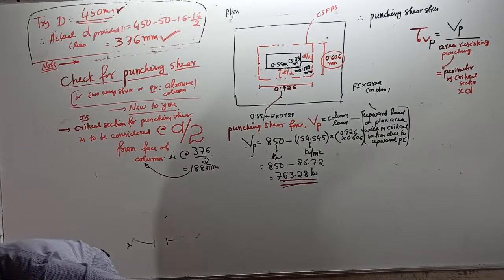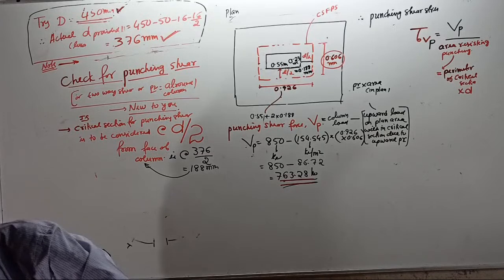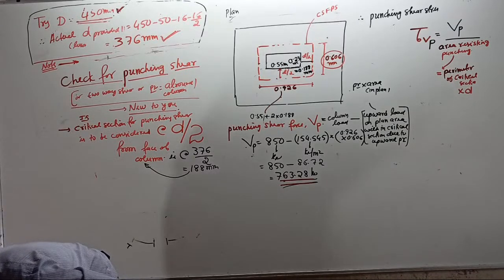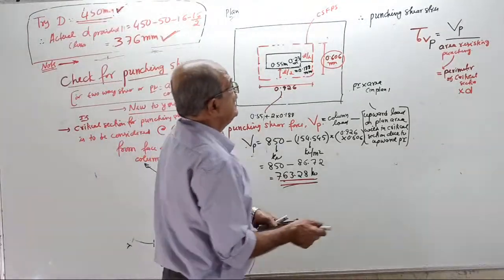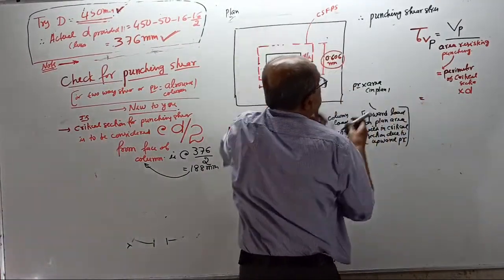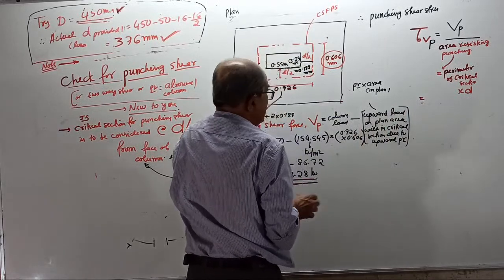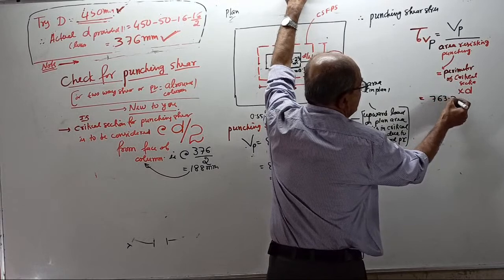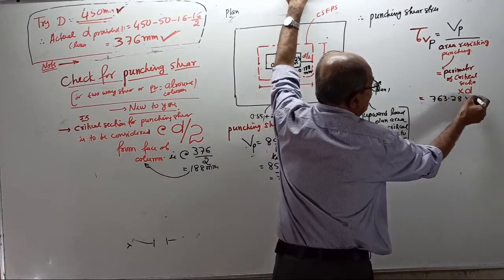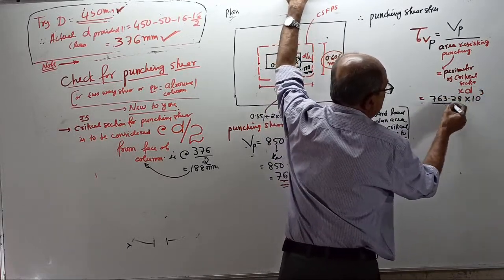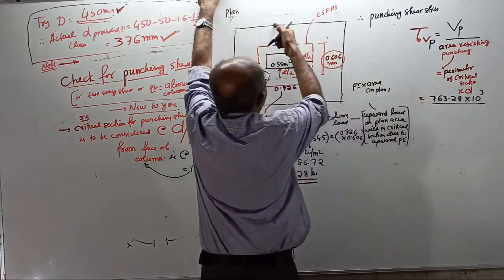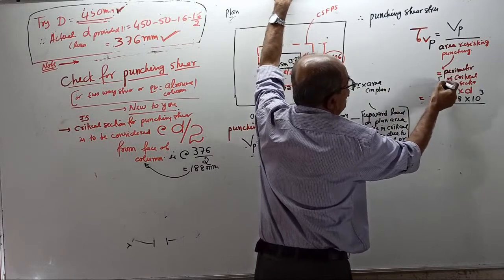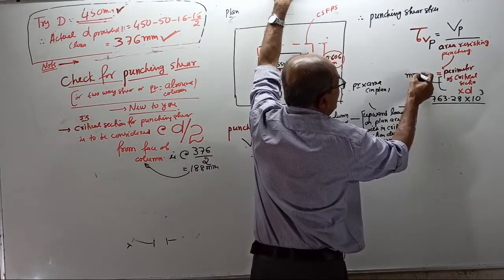If it is an RCC batch, I have to tell; for them, already told. For the ETAP batch, the formula is sufficient. Clear? Okay. Now write: punching shear force is 763.28 kilonewton, times 10 to the power 3 to get Newton, divided by the perimeter of critical section. Remember, this area we want in millimeter square.